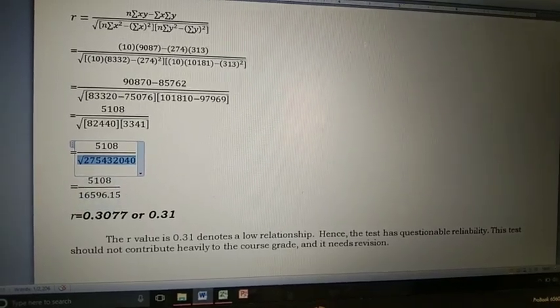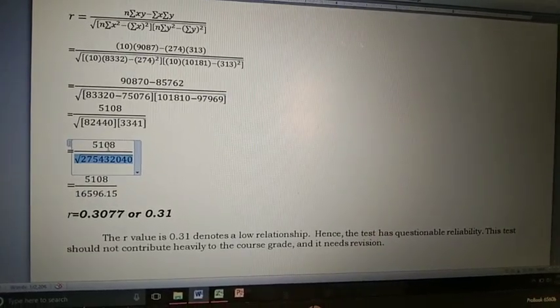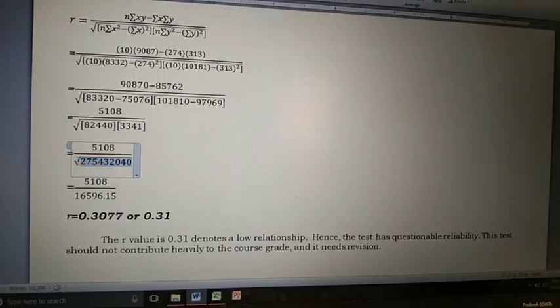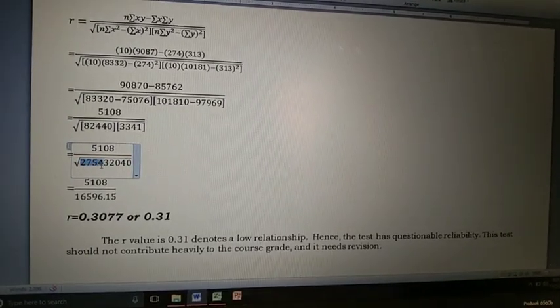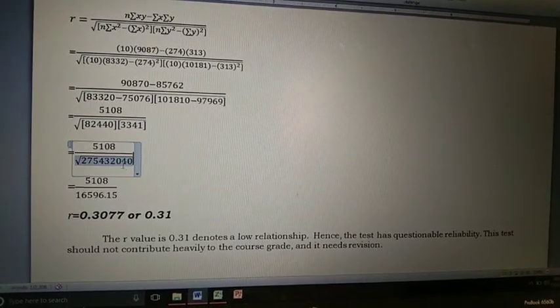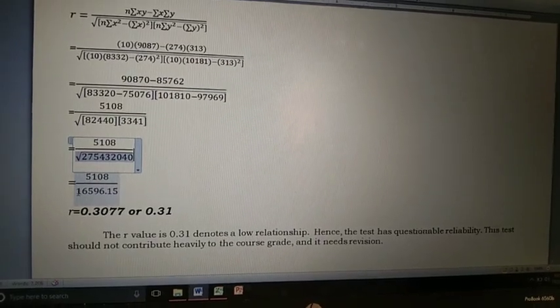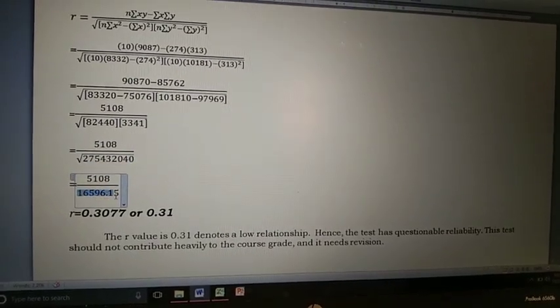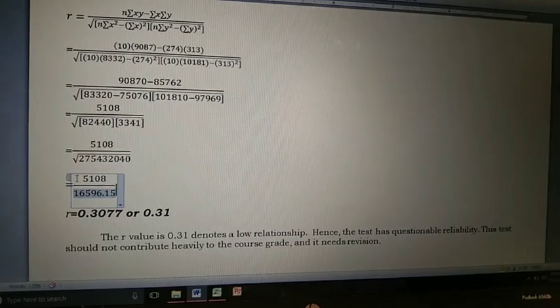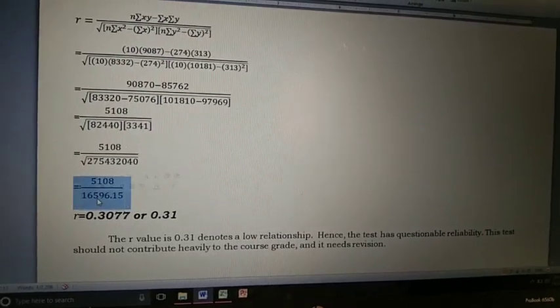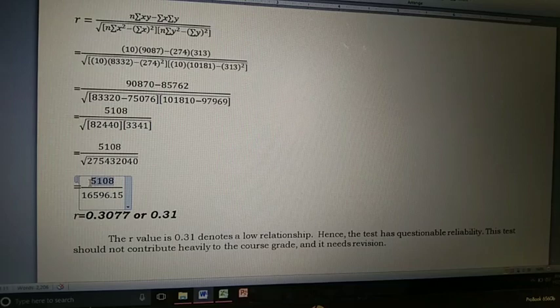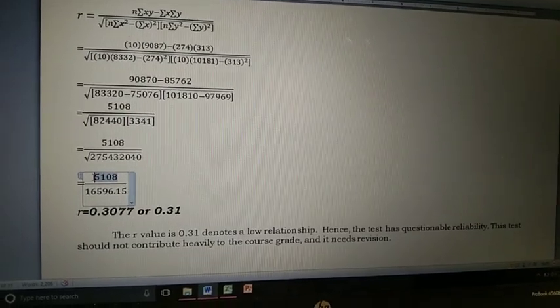Okay, after that, you are going to take the square root of this. So square root of 27,543,... we have the result here, 16,596.5. Okay? And after that, determine natin yung quotient nila.